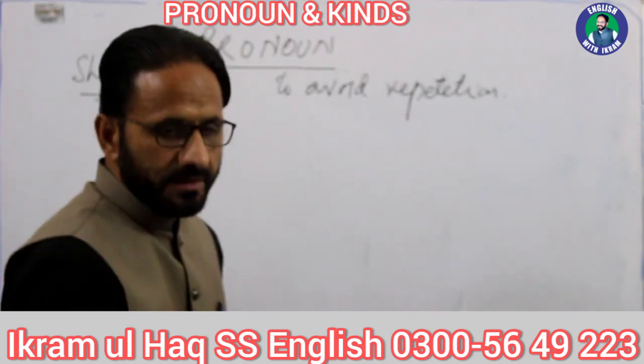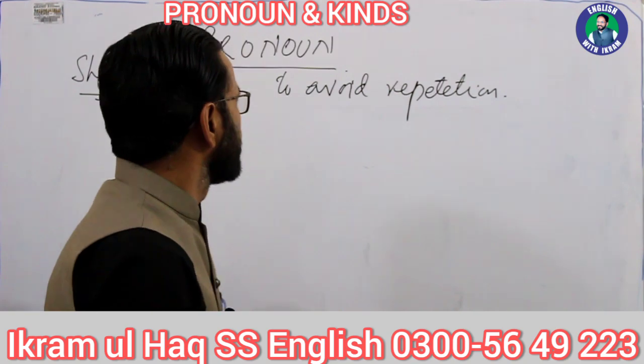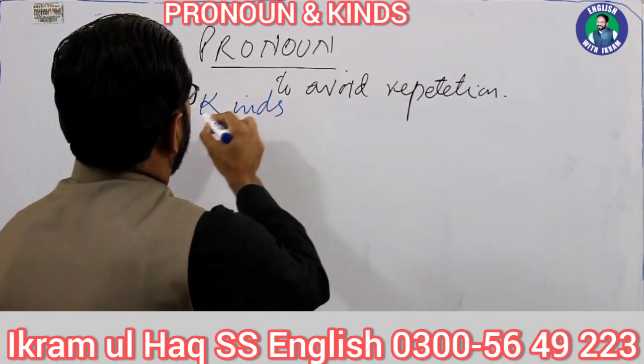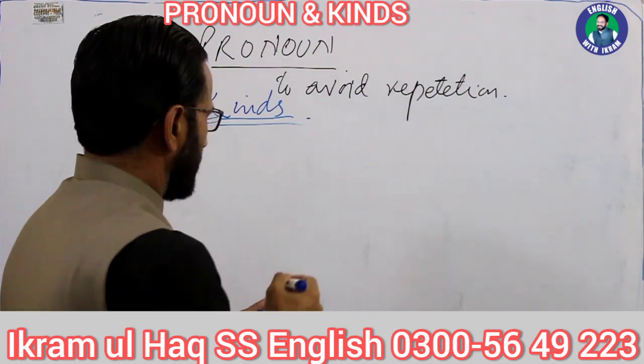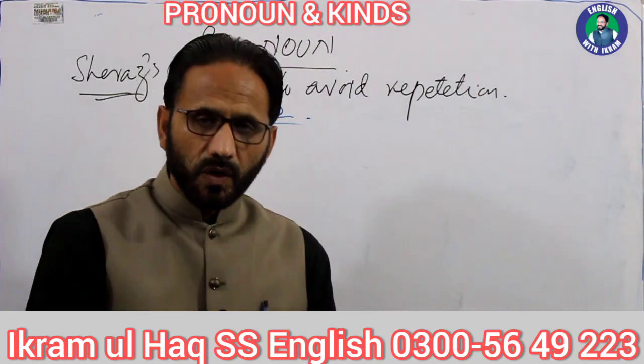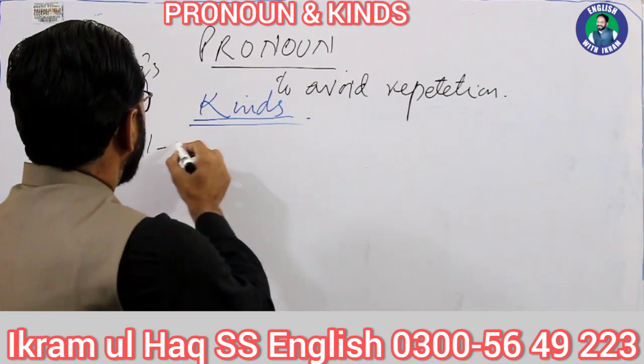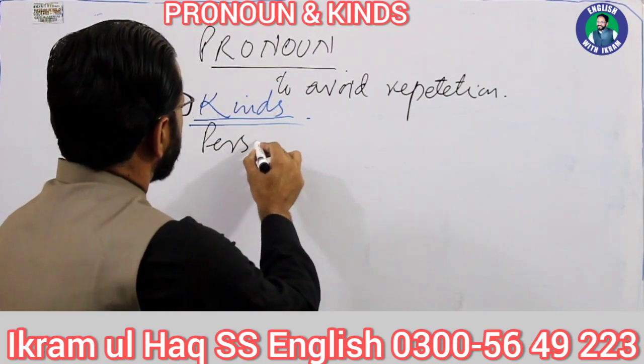So these were certain cases of pronoun. Let's discuss some kinds of pronoun. After discussing the kinds, the concept of pronoun will totally be clear. The first kind is personal pronouns.